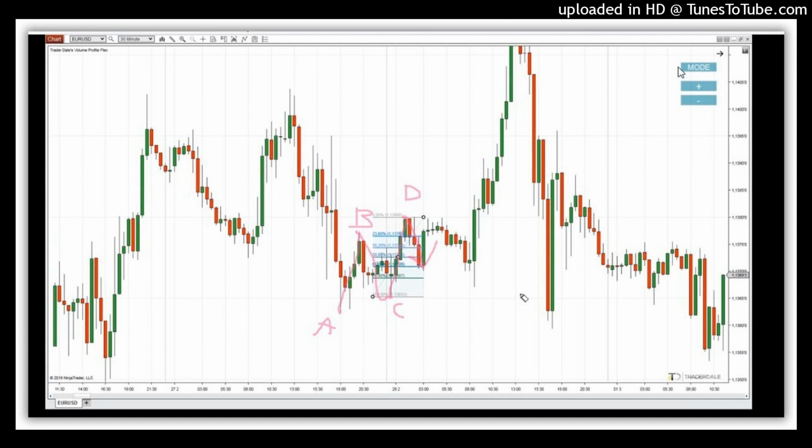Now there are some crazy sell-offs. I don't think that we'll see any ABCD setup in here. But I do see one in here.